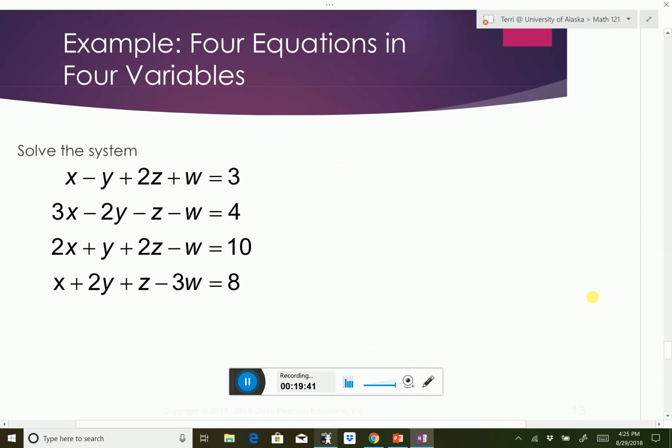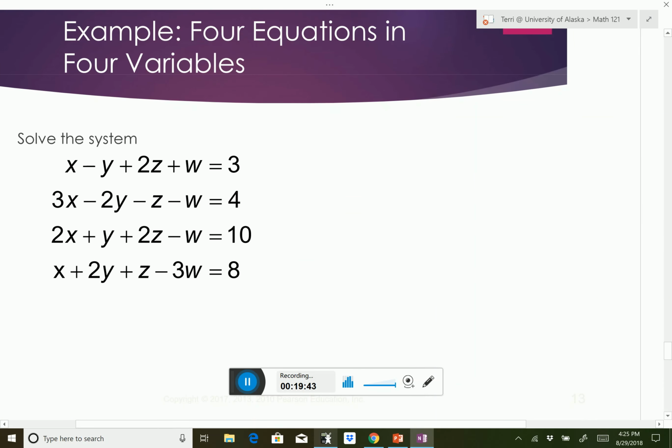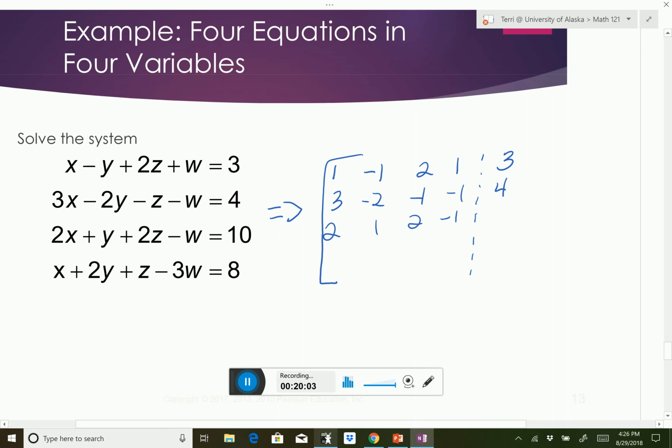Okay, so let's talk about 4 equations and 4 variables. How would we do this? So the first thing we need to do is we need to do an augmented matrix. 1, negative 1, 2, 1, 3, 3, negative 2, negative 1, negative 1, 4, 2, 1, 2, negative 1, 10, 1, 2, 1, negative 3, 8.